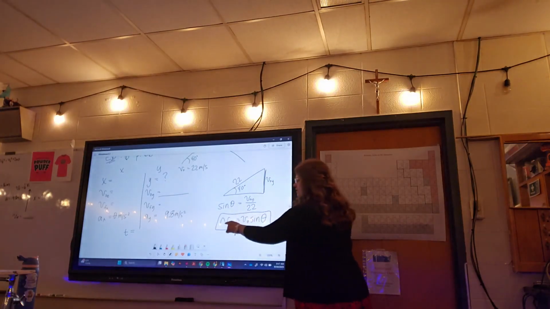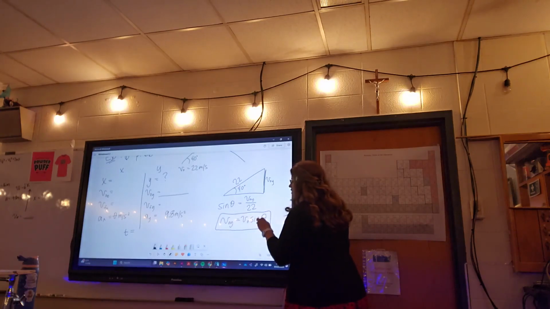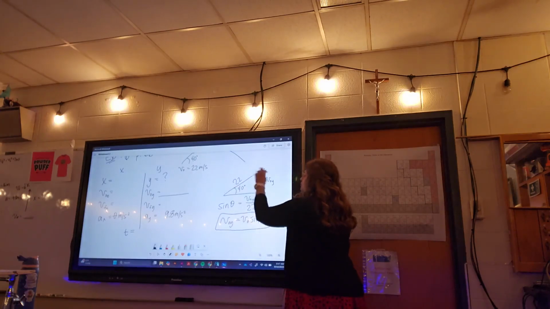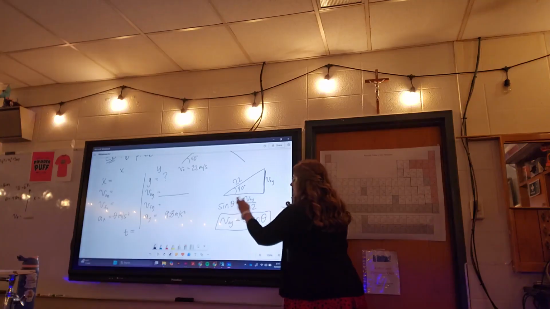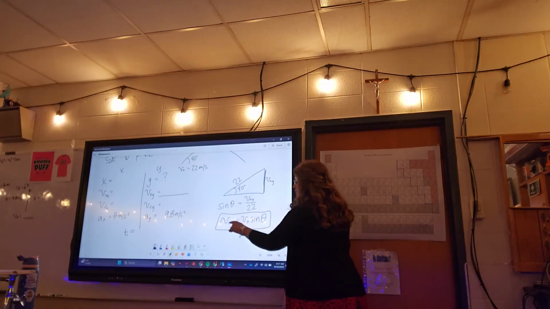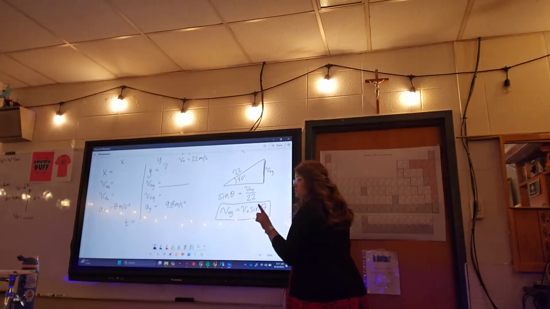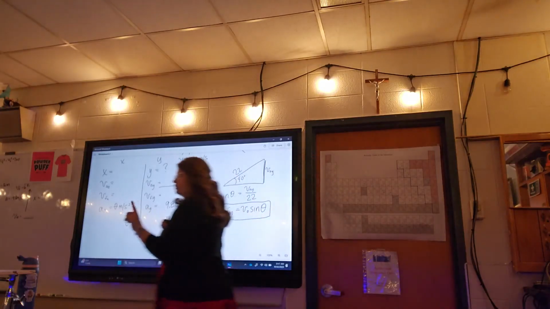Now that we know what this looks like, you don't need to draw your triangle and do this step every time. V naught y, if it is the opposite side, is always equal to V naught times the sine of your angle. Make sure that your calculator is in degree mode.